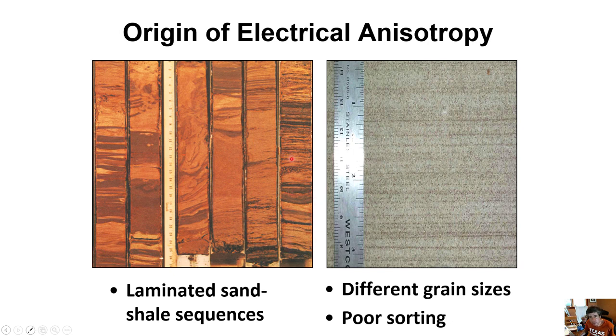You will have one direction parallel to bedding plane, and you will have another electrical resistivity perpendicular to bedding plane. Same here. So the question is, okay, now that I have the two, which one do I need to use in Archie's equation to calculate the sandstone hydrocarbon saturation? That's what I'm going to talk about now.